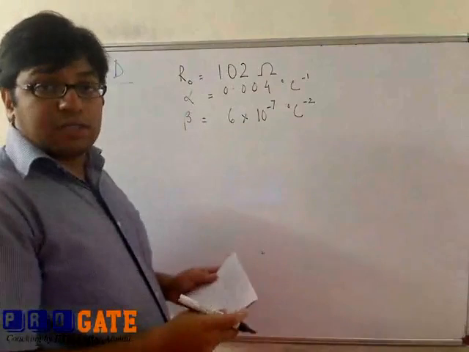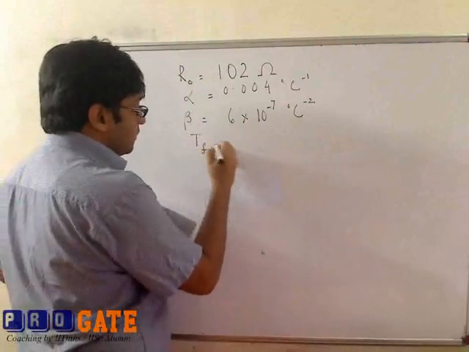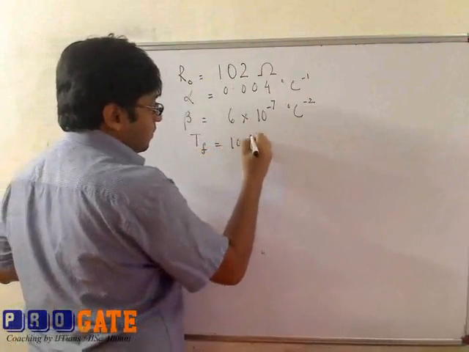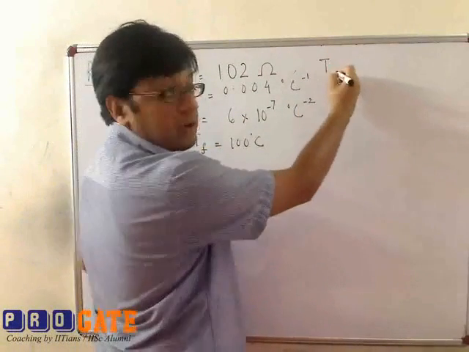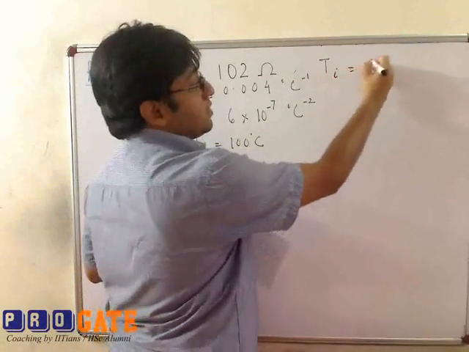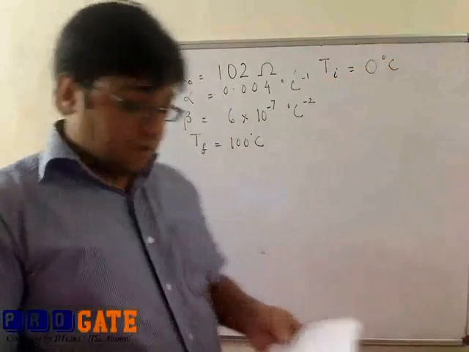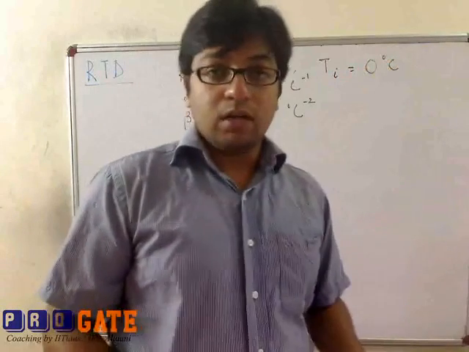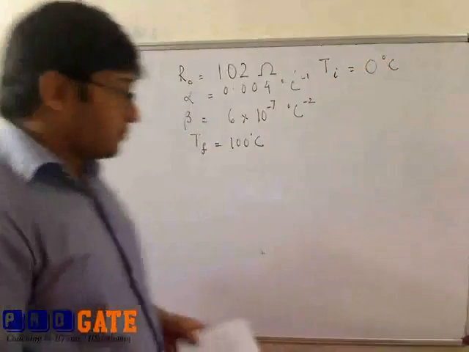So the final temperature is given as 100 degrees Celsius, and the initial temperature would then be 0 degrees Celsius. So we have to find two different values of RT for the same rise in temperature using different models.